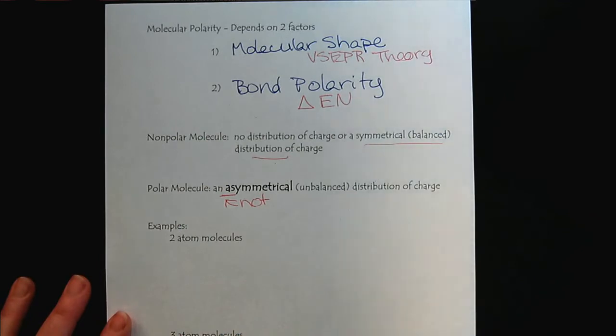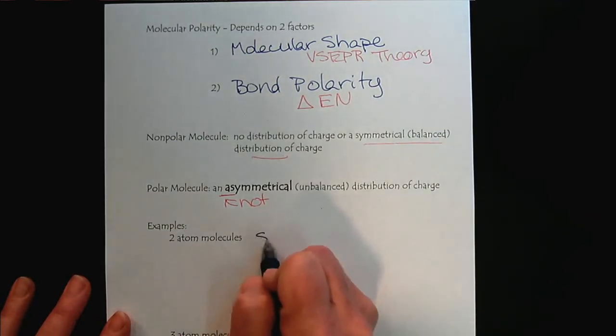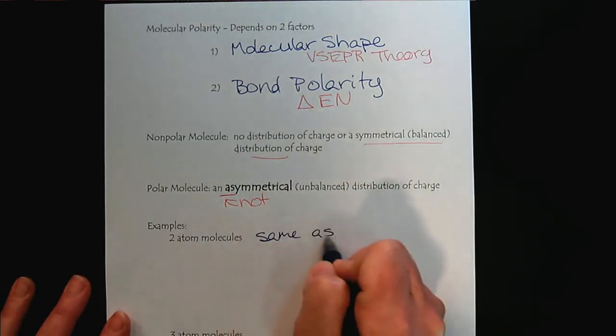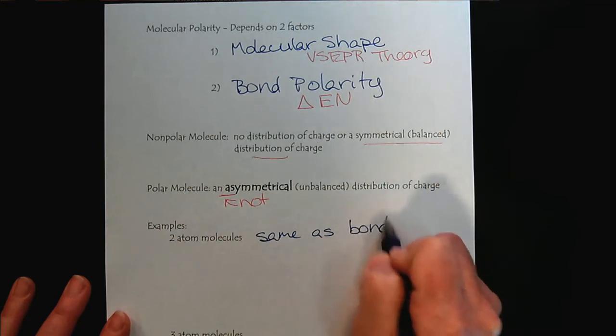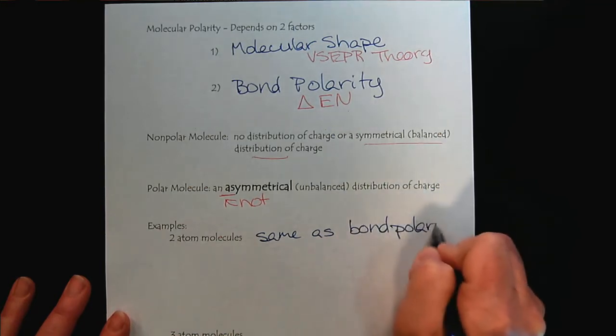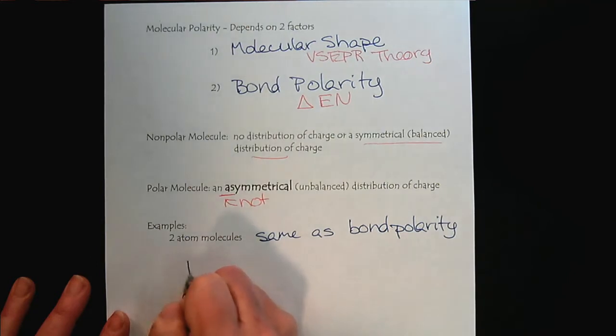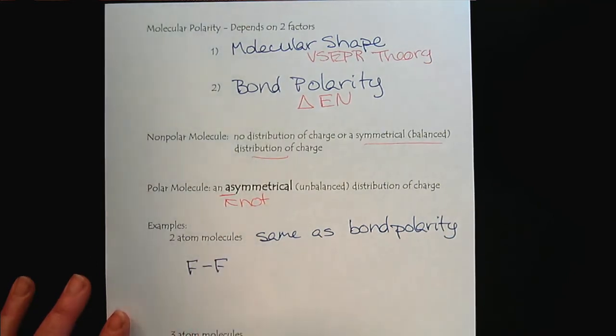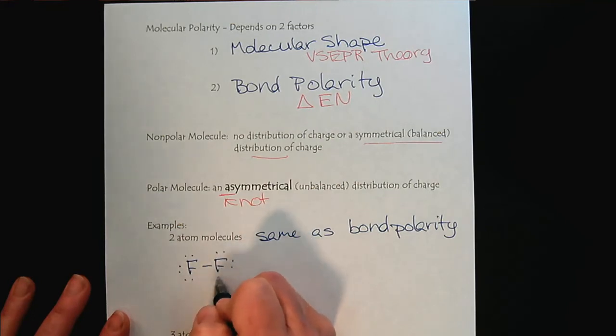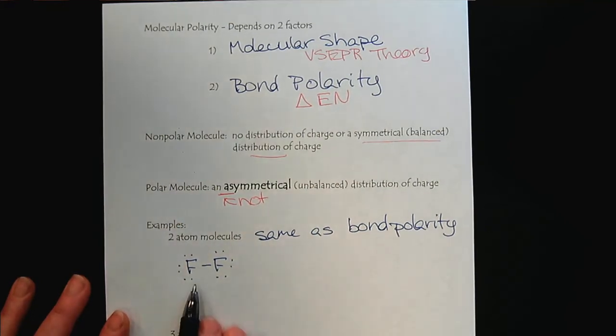So let's work our way through bigger and bigger molecules to see how this applies. Two atom molecules are very simple. It's the same as bond polarity. So even if we have two fluorines, which are the most electronegative, this is still nonpolar.